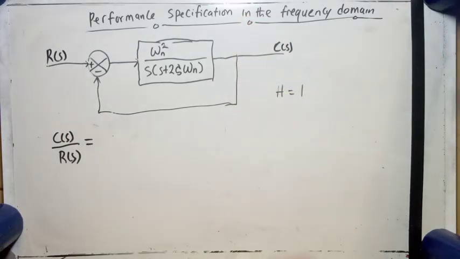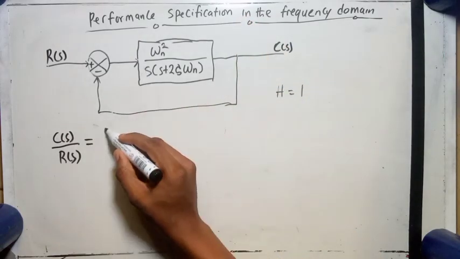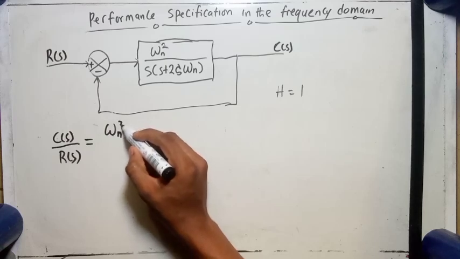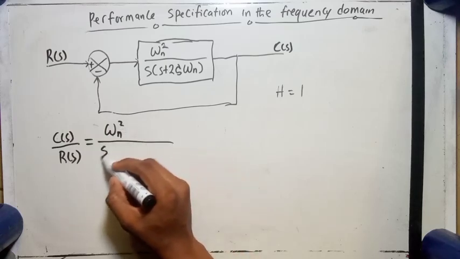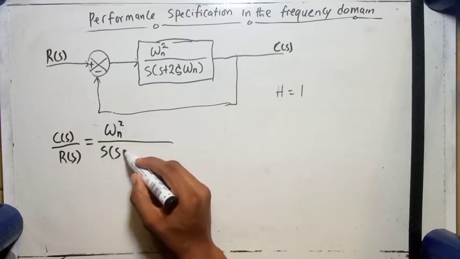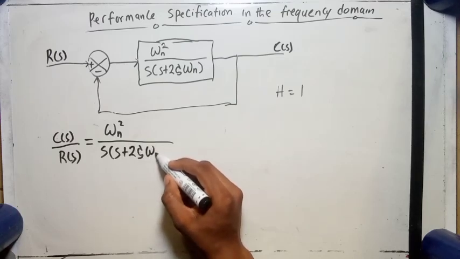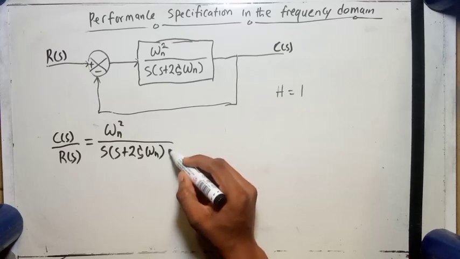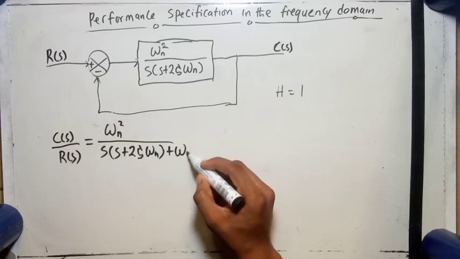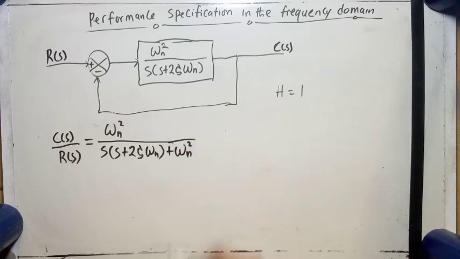So we can actually just go straight and say that our answer in this case is going to be Wn square over s bracket s plus 2 zeta Wn, plus Wn square.